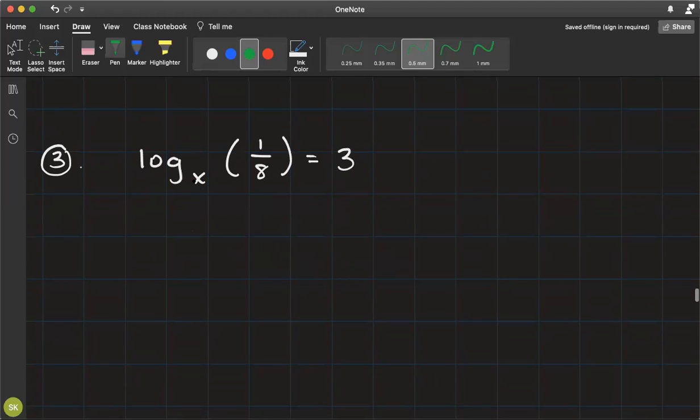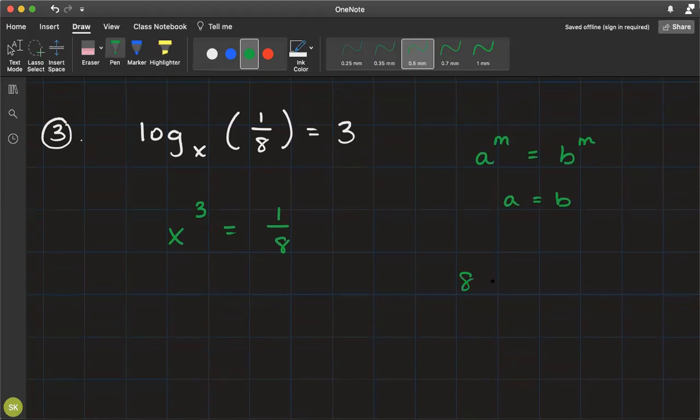Here's the next problem. Log base x of 1 over 8 is equal to 3. Again, I'm going to change this to an exponential statement. This says x to the power 3 is equal to 1 over 8. I don't think we've seen anything like this before, but there is a rule that says if a to the power m is equal to b to the power m, then a is equal to b. So is there some way to write this as a number to the power 3? And the answer is yes.